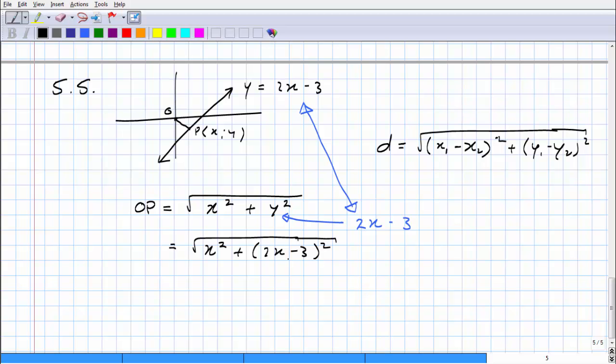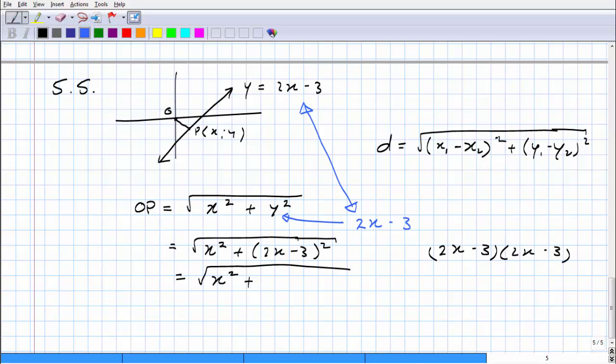We then square all these things out and we work them out, and we say, okay, what does that give us? Now the square root might look big and ugly, but it doesn't matter because we'll get rid of that square root. x squared plus, and then this one, (2x minus 3) times (2x minus 3).